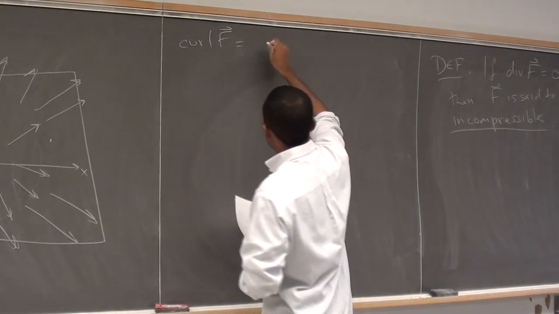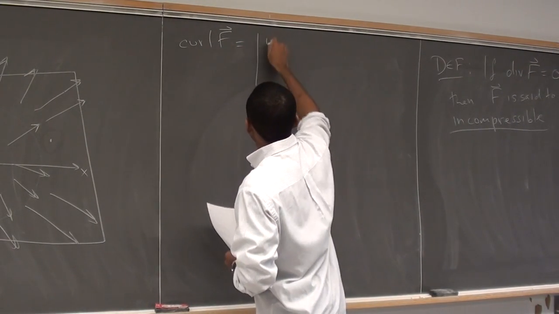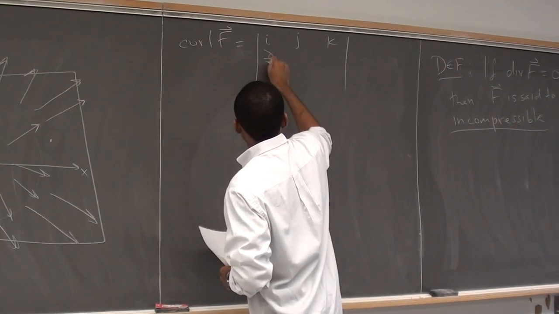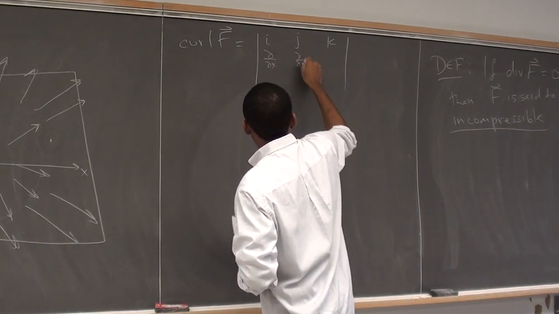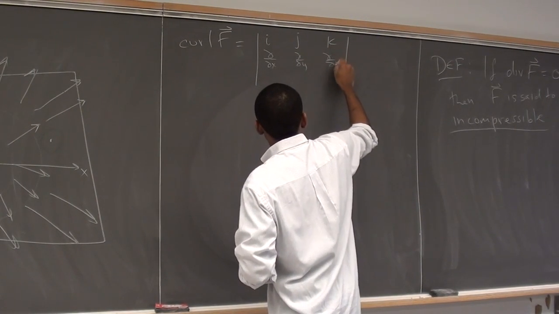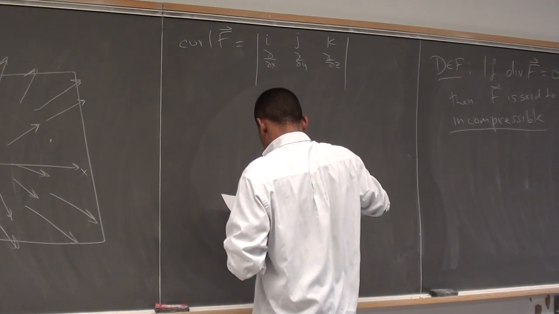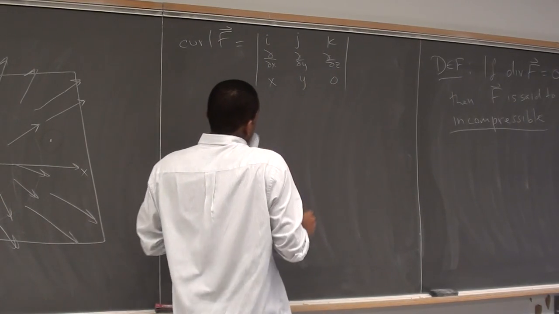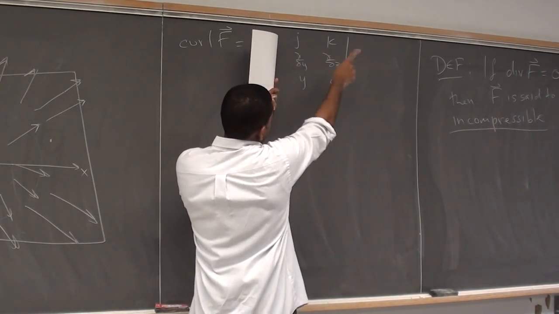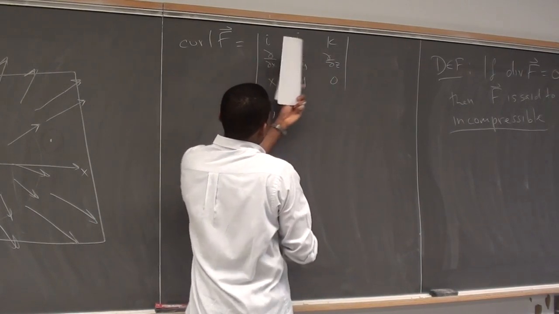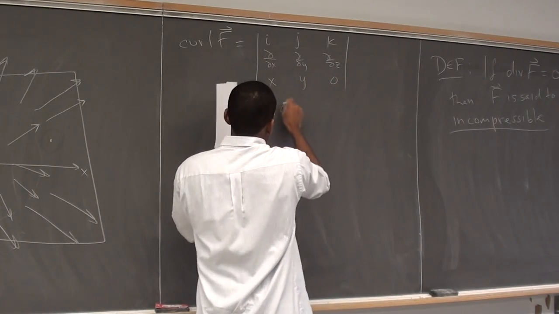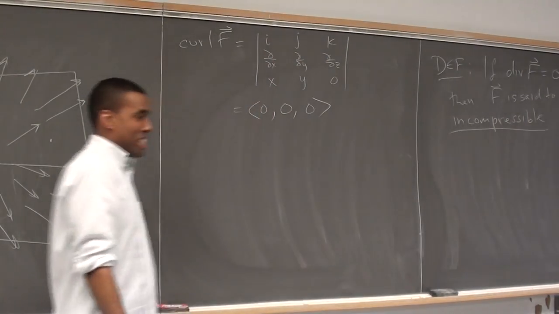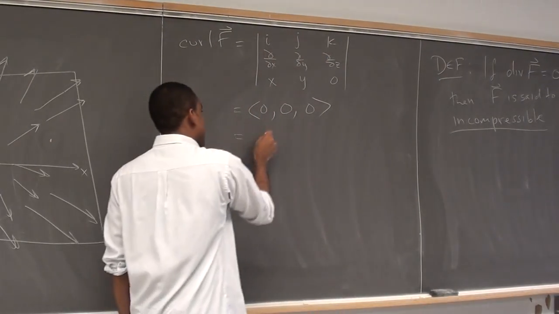Okay. Curl F would be the determinant of i, j, k; partial with respect to x, partial with respect to y, partial with respect to z; x, y, 0. So that would be 0, 0. This would be 0, 0. This would be 0, 0. You seem bored. Get bored with the computational things, you know?